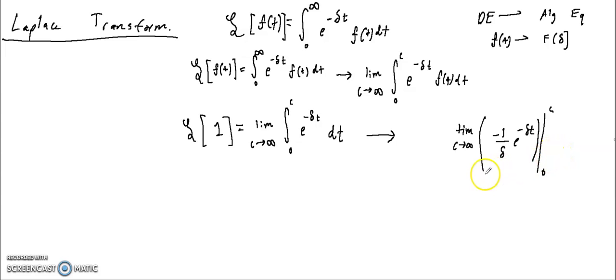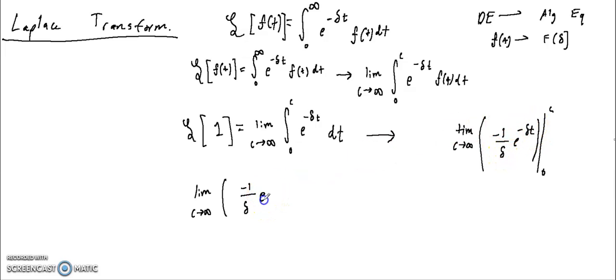And, well, follow me down here. This is the limit as c approaches infinity, so we plug in c into t and 0 into t, and we have to take the limit of it. And you can check that this is actually the integral. You can take the derivative and you'll be left with e to the minus st, like the chain rule, you multiply it out.